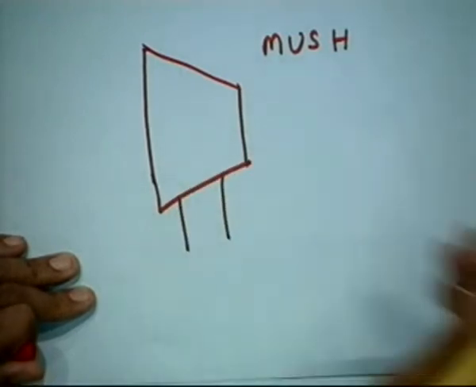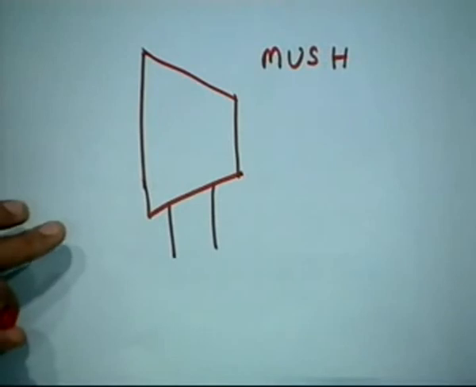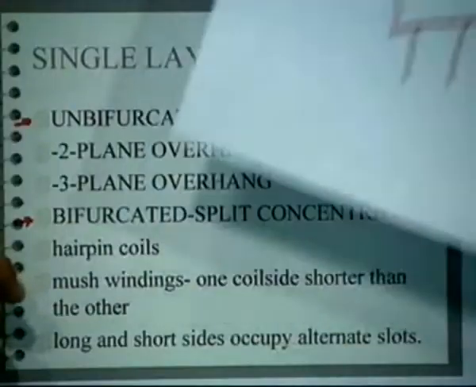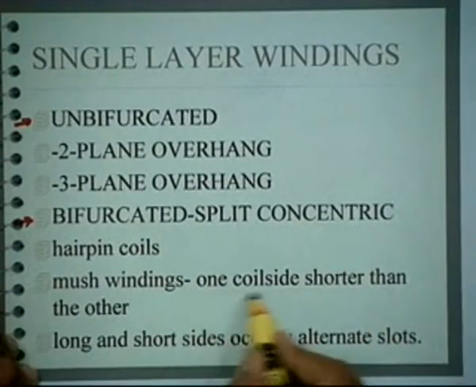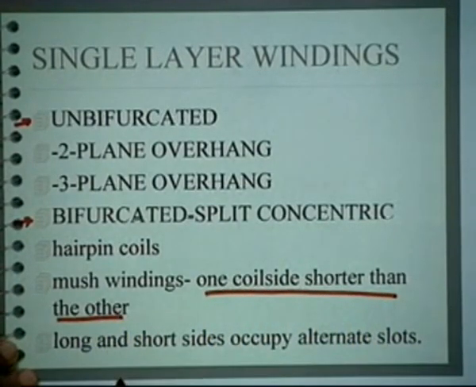You have some flexibility like that. Okay. This is called a mush winding. Mush windings have two coil sides of unequal length. That means one coil side is shorter than the other. So what you do is long and short sides occupy alternate slots. If one slot has a long side, the next slot will have a short side, like that. These are all for mechanical considerations. Long and short sides occupy different slots. Okay.